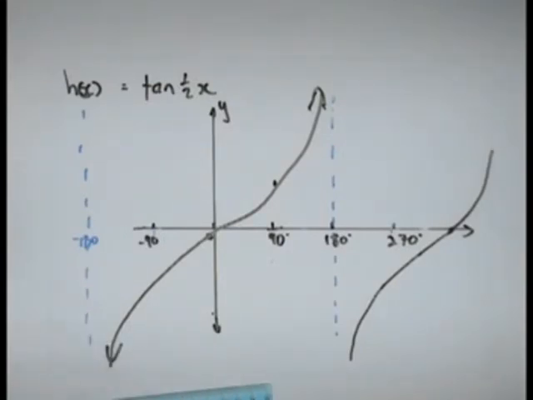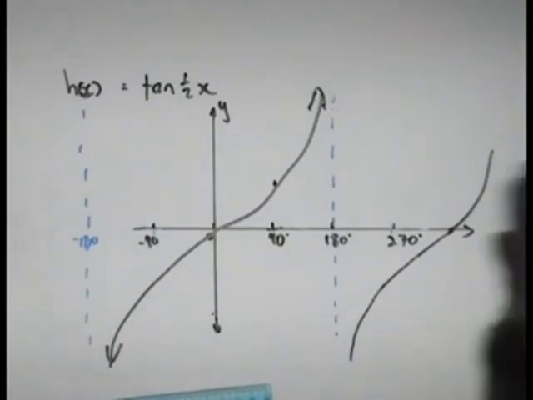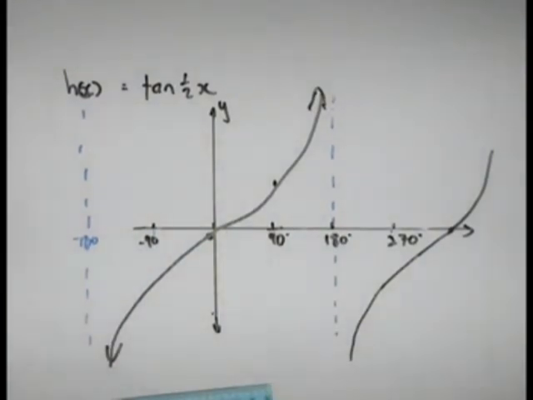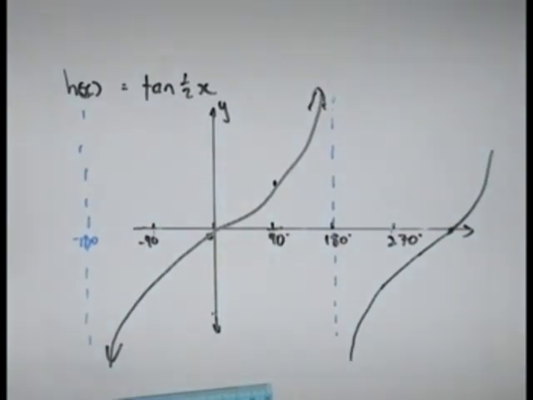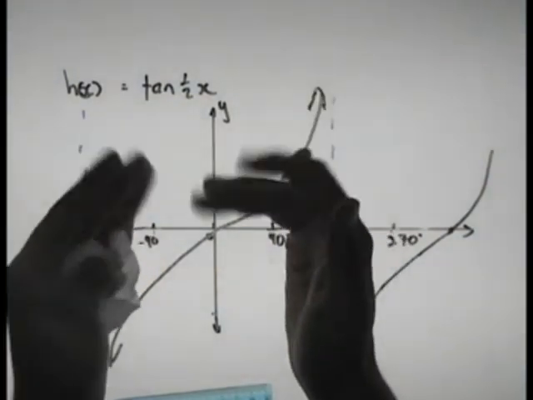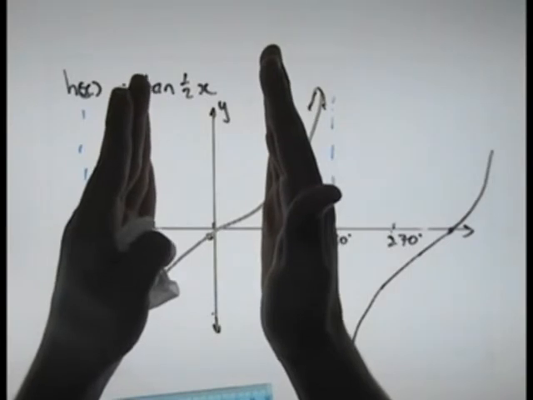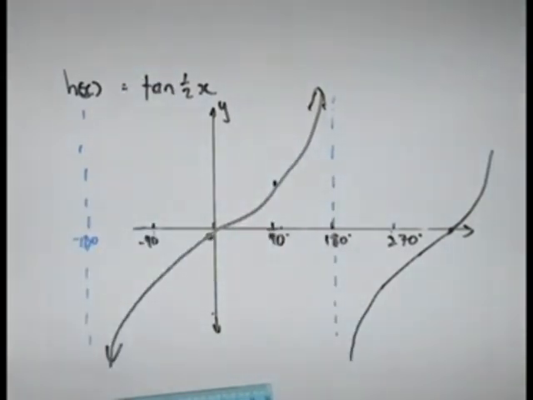And the same thing will happen in the negative axis. The reason for this is that it's tan of a half x, which means that we've expanded our graph out. If it was, for instance, tan of 2x, our asymptotes would then not be at negative 90 and 90, but rather at negative 45 and 45, and our graph would come closer in.